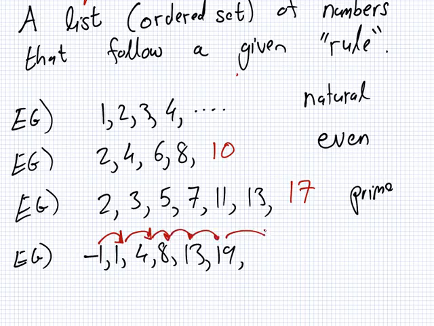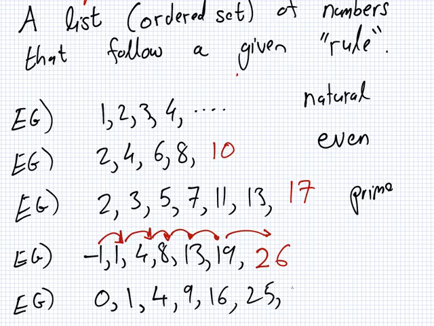So the next one you would add 7, making it 26. Okay. What about this one? Squaring. Yeah. Next one? 64.